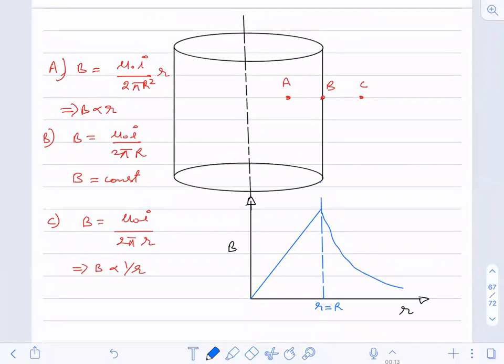So here I can say this B value is inversely proportional to R, and here B value is directly proportional to R, and this value is mu naught I by 2 pi capital R. This is the result. This is the graph which you have to understand.